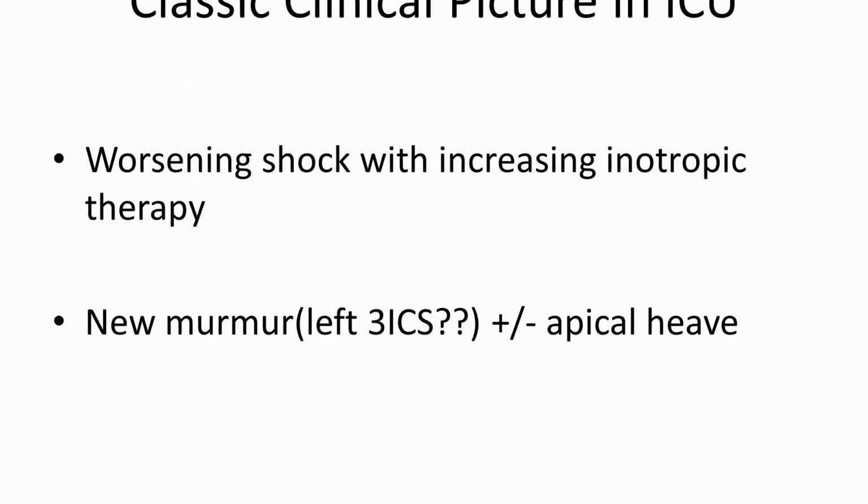So as mentioned before, you get the classic clinical picture in ICU of worsening shock with increasing inotropic therapy. So the dobutamine and the noradrenaline are going up and things seem to be getting worse. And some of the more astute people who can still use a stethoscope, I can't, may be able to pick up a new murmur, plus or minus an apical heave.